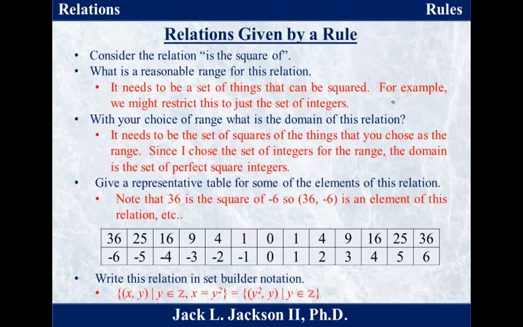I take that back. If you take all rational numbers for the range, you're only going to get some of the rational numbers for the domain. And that same thing is going to happen with integers. So if I take the integers for the range, we're only going to get the perfect square integers for the domain.